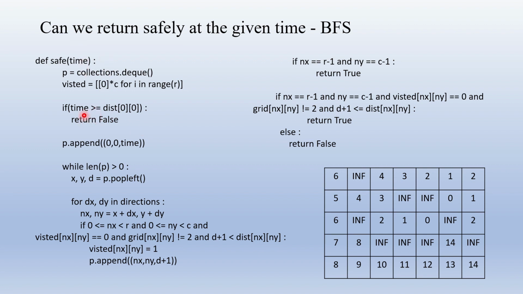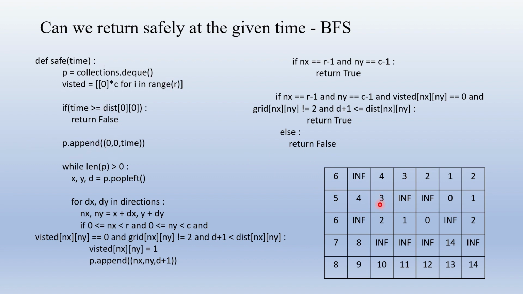At the given time, if the person starts at a time greater than or equal to the fire time, the person will get fired. So he cannot reach the destination. If the time is 7 and he wants to reach the destination, the first cell already gets fired in 6, so he cannot reach the destination.